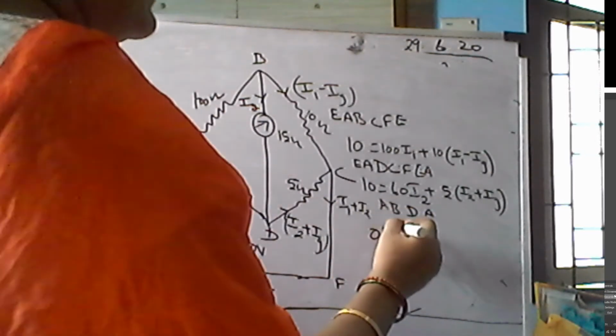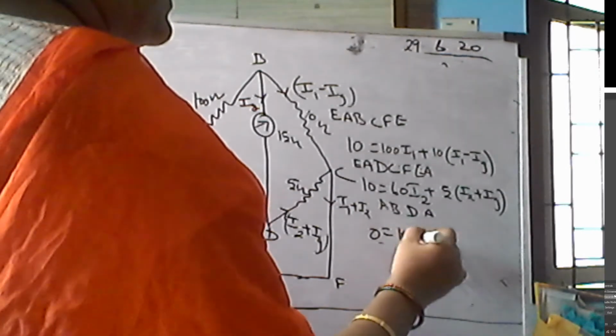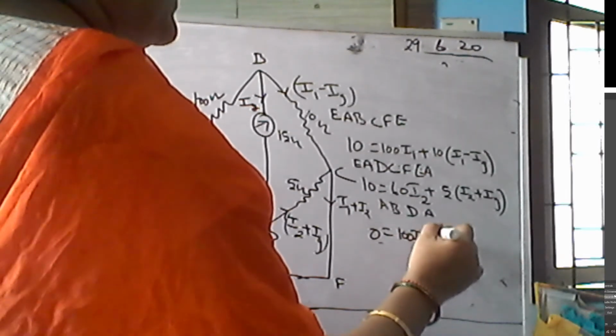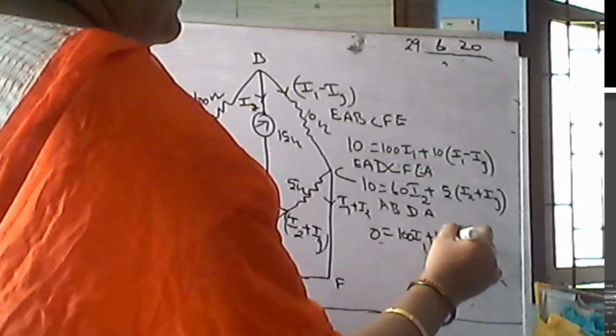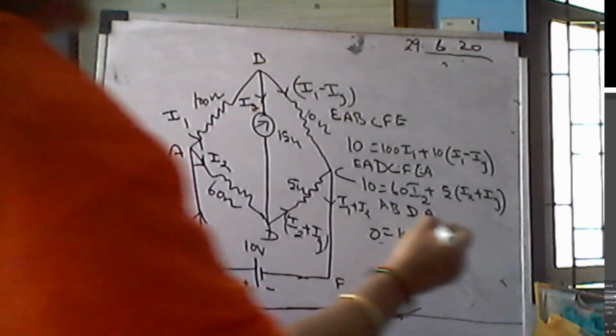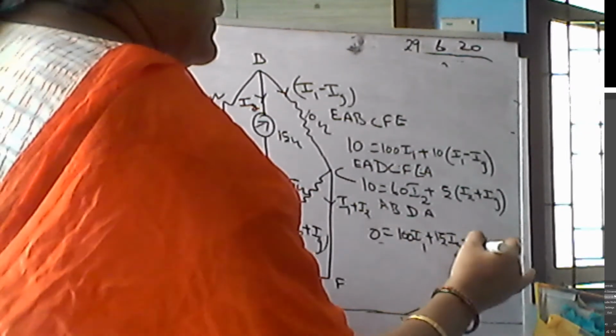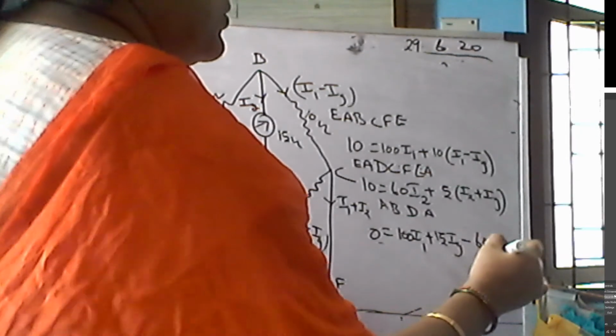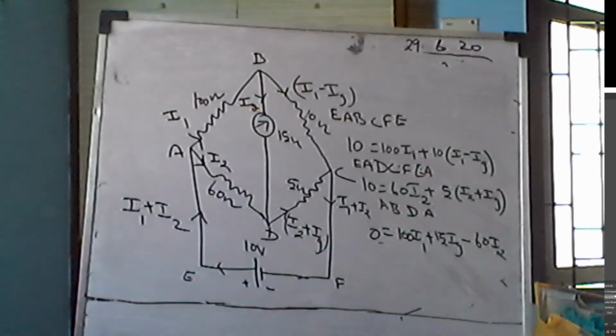So 100 I1 plus 15 IG minus 60 I2. So these are the three equations I am going to consider for solving for the answer of IG.